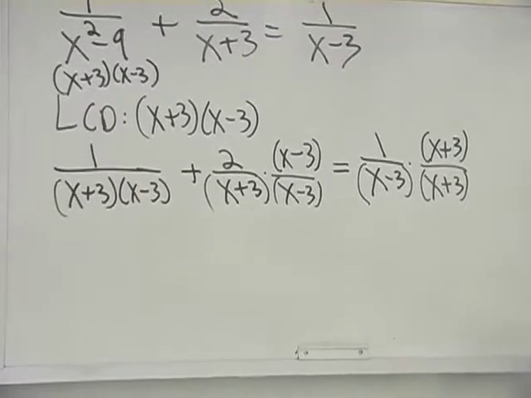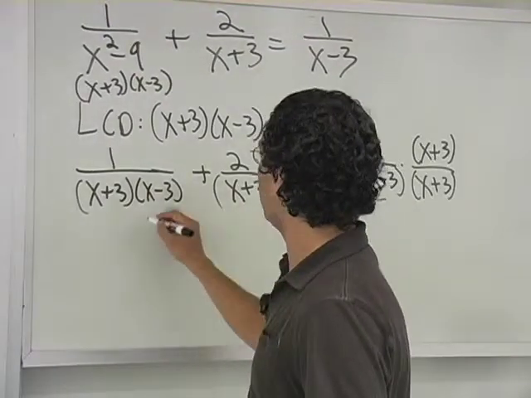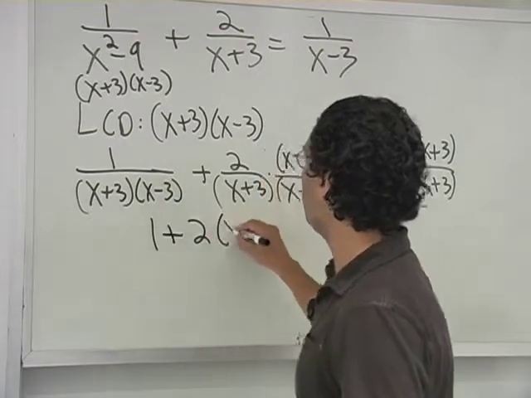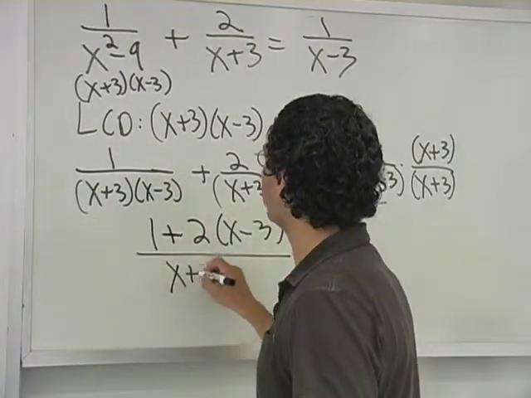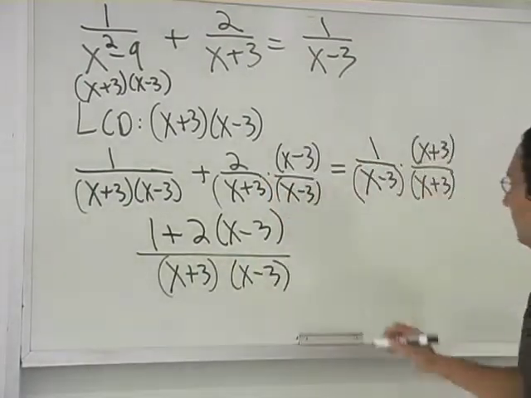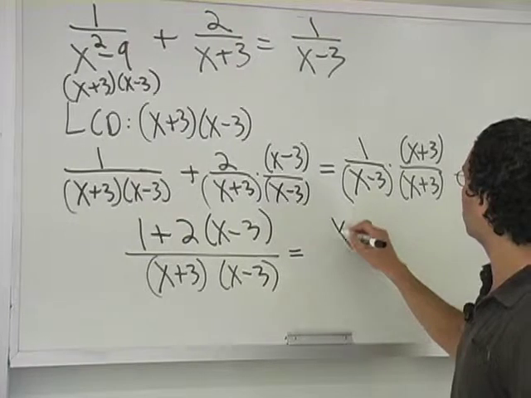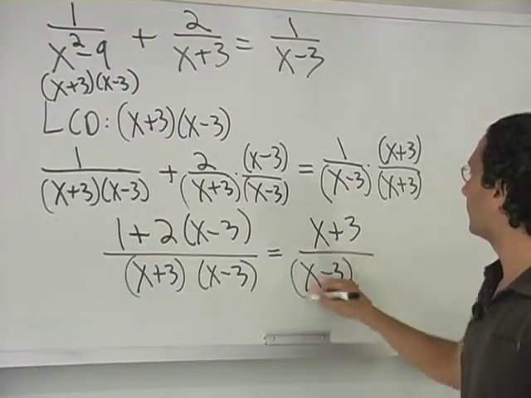So let's see. We now have the same denominator on both sides. Let's start mushing things together. So this becomes 1 plus 2 times x minus 3 over x plus 3 times x minus 3 equals x plus 3 over x minus 3 times x plus 3.